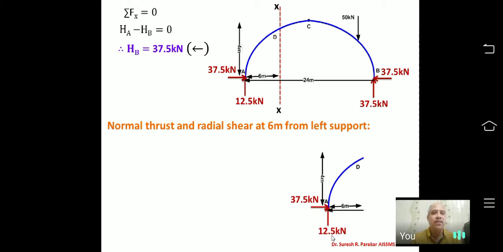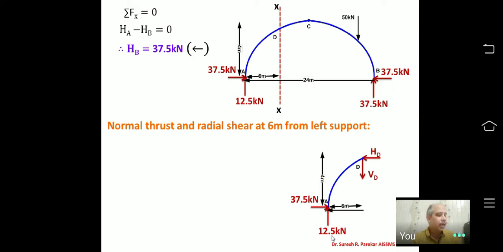So we have 12.5, 37.5. Now we have reactions over here. We have VD, we have HD. So we have these two reactions, and by using Fx = 0, Fy = 0, we are in position to find out value of HD, VD. Now you can see here we do not have any other forces. So whatever VD, that is equal to VA, whatever HD, that is equal to 37.5.